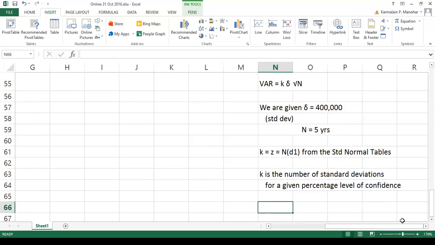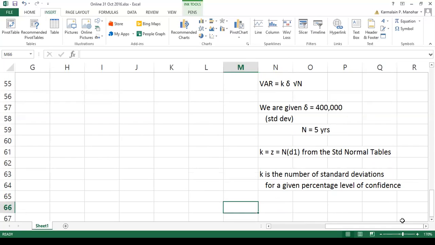While they indicate the VAR value, that little graph is more so indicating the K value. So the K value is that number of standard deviations which we are going to find from the normal distribution tables.